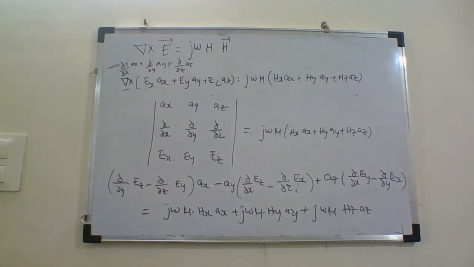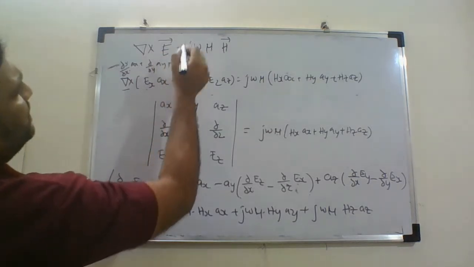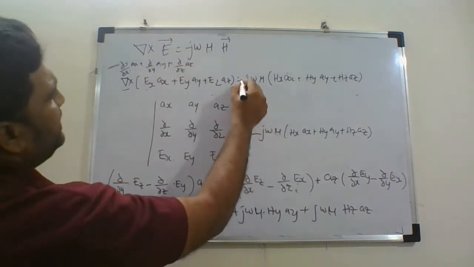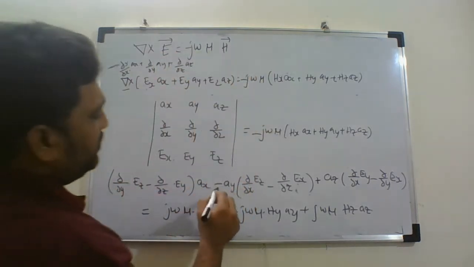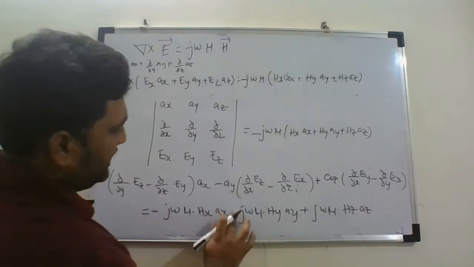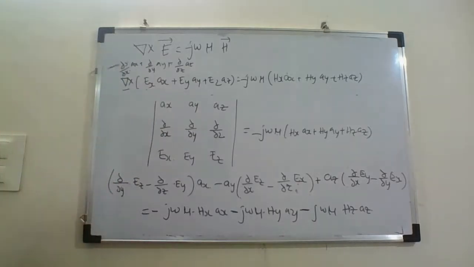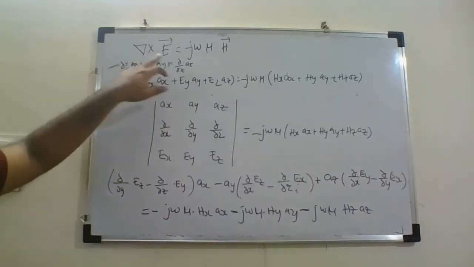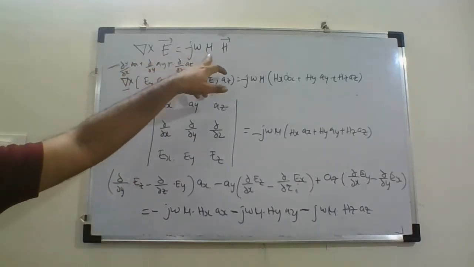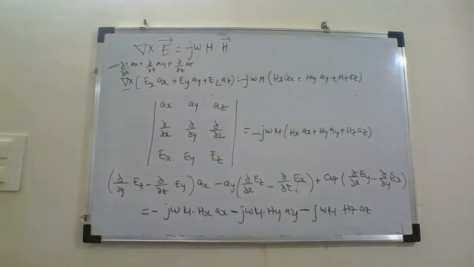Sorry, a small correction: here I get a negative sign, so all these components will get a negative sign. So del cross E bar is equal to minus j omega mu into H bar, which I get like this.